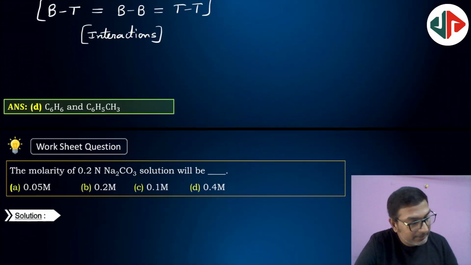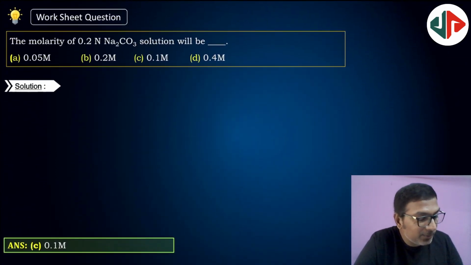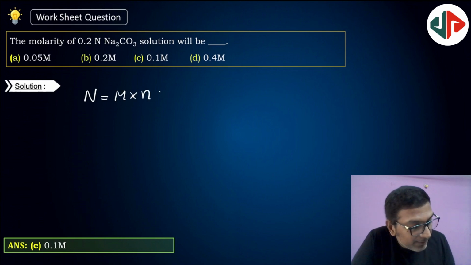Next, the molarity of 0.2 normal Na2CO3 solution is. Normality equals molarity into n factor. Therefore, molarity equals normality by n factor. So normality is 0.2 by n factor 2.